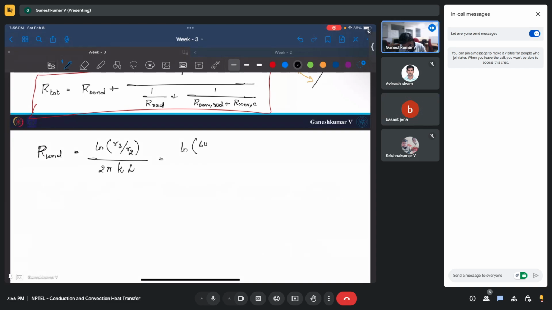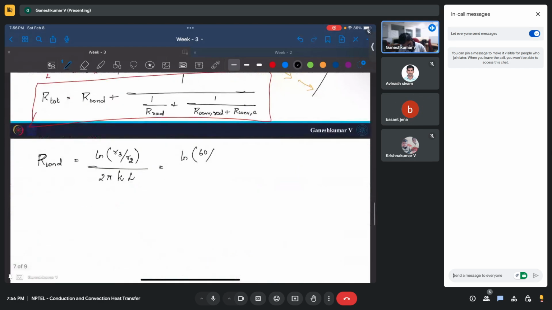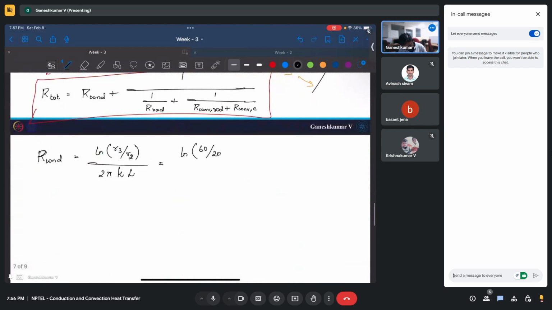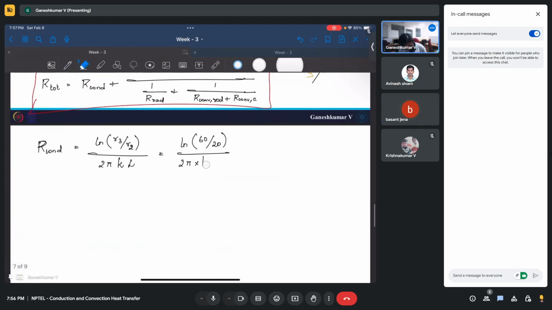We already know R3 is 60, R2 is 20. So let's substitute: 2 pi into K ceramic, which is 1.75, into L, which is 60 by 20.